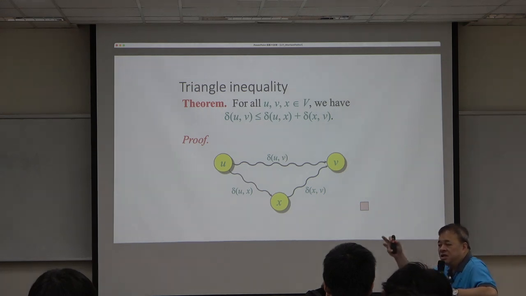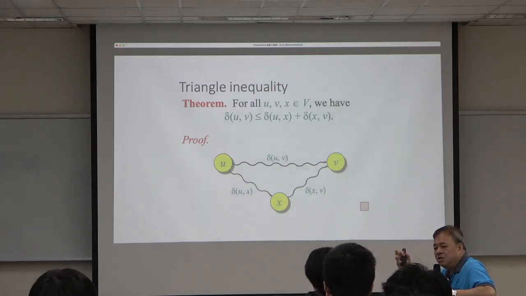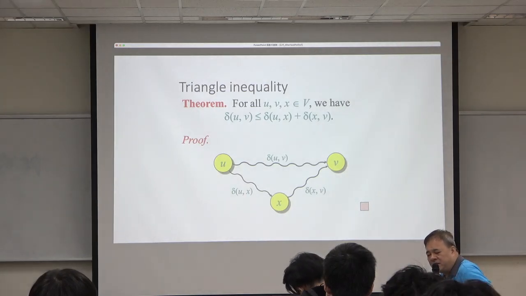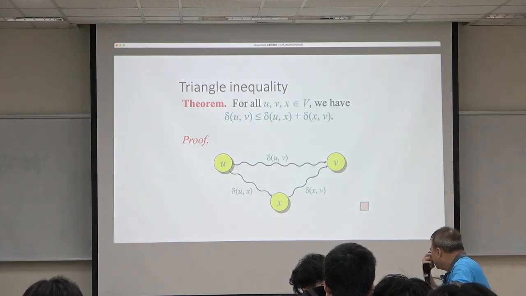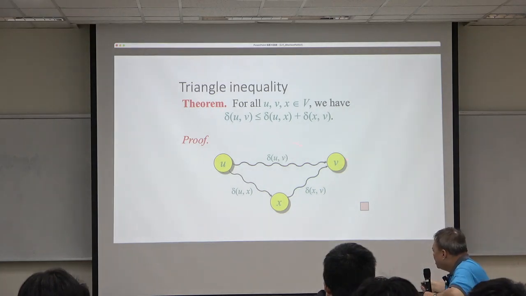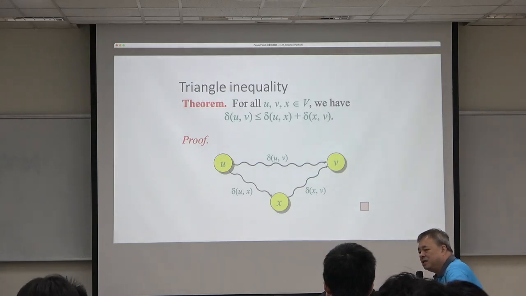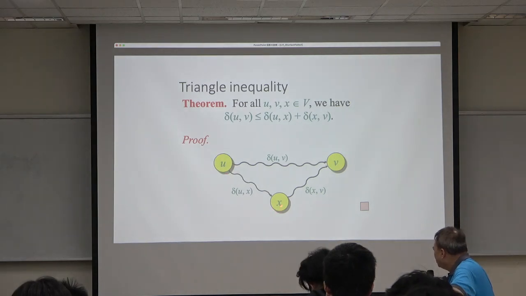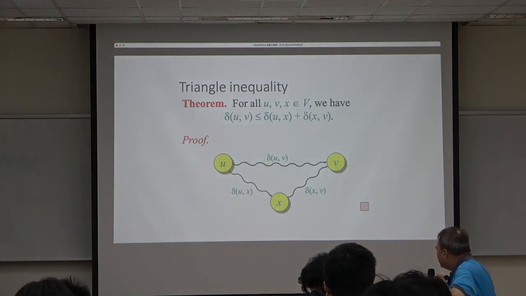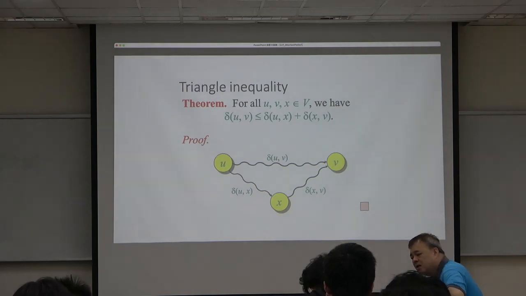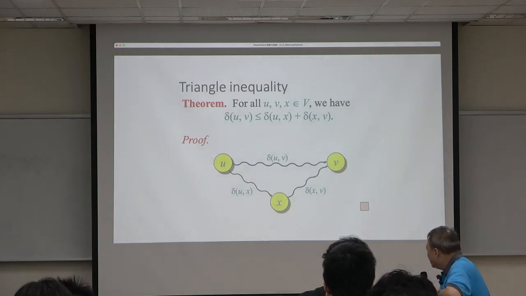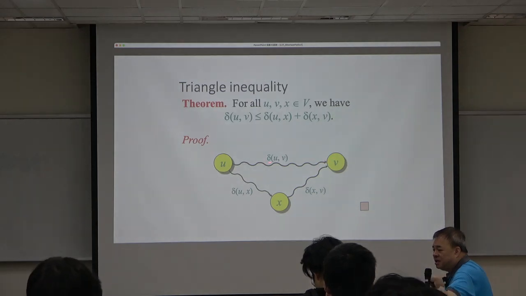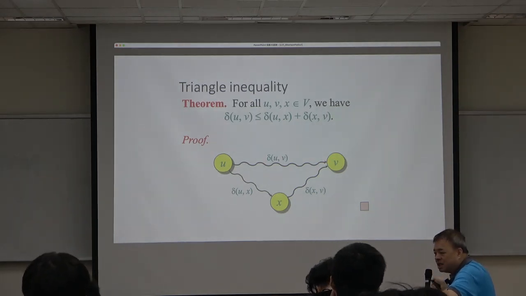The equal sign will hold if x is a part of the path. If it is not, it is impossible for the sum of these two weights to be lower than the shortest path from u to v. Why? Because if it is, then this one would be the shortest path from u to v, not the one on the top, right?